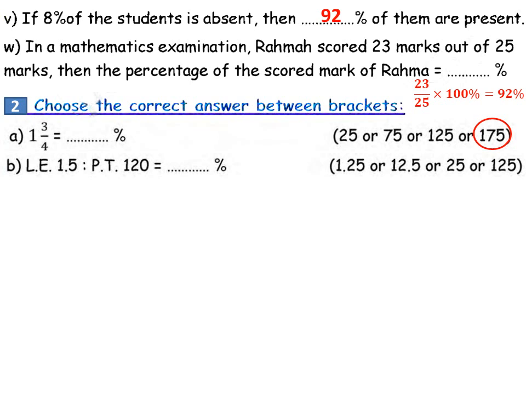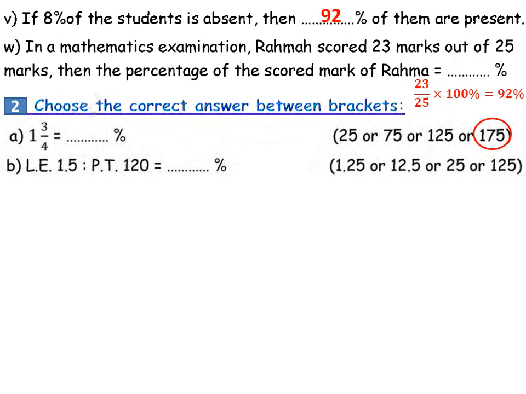Letter B, the ratio between 1.5 LE and 120 piastres. Firstly, we will convert from LE into piastres by multiplying 1.5 times 100, as we know that 1 LE equals 100 piastres, okay? So 1.5 times 100 equals 150. 150 piastres to 120 piastres.